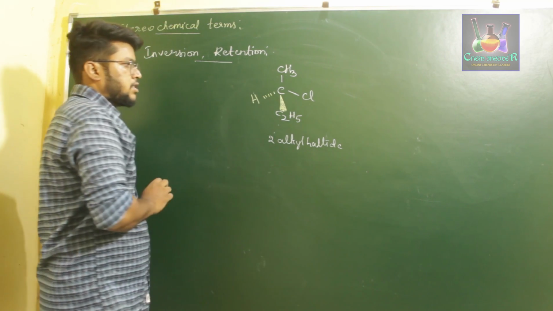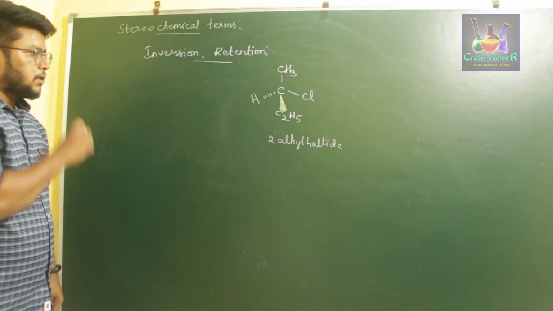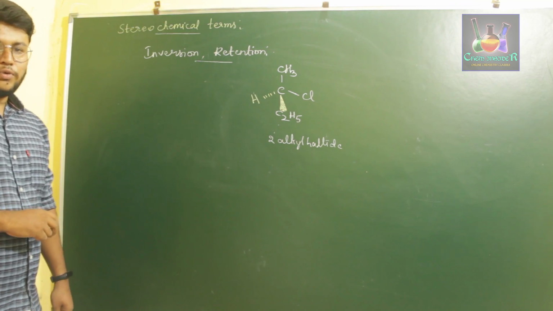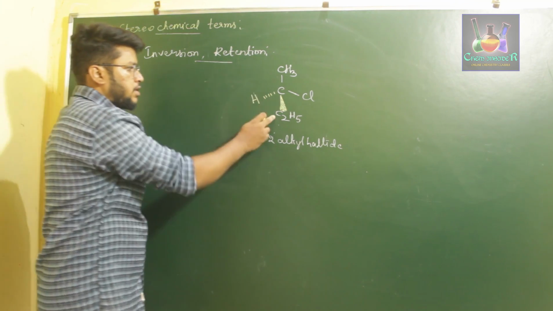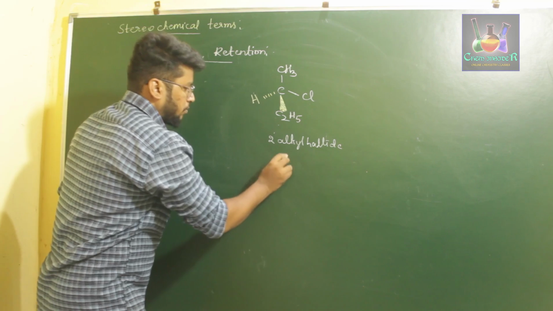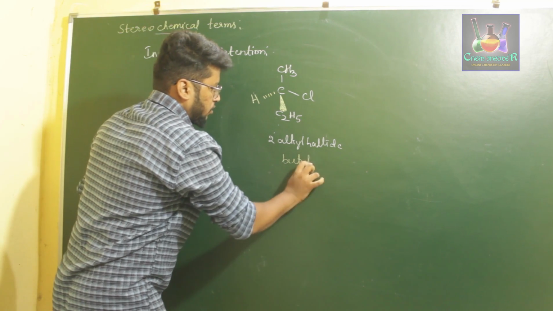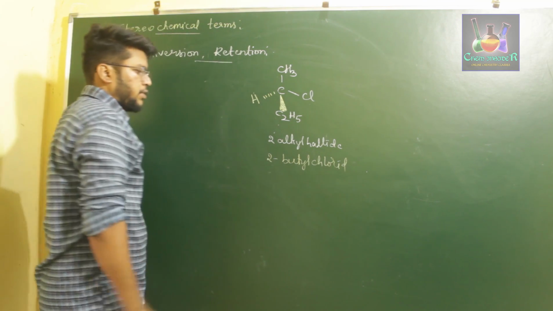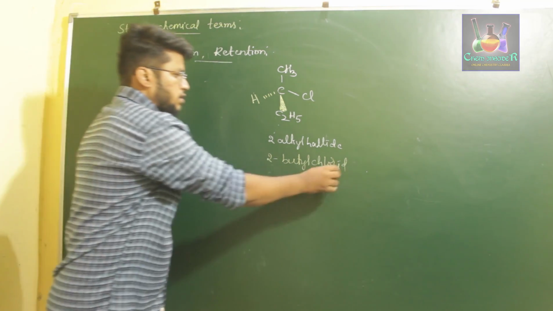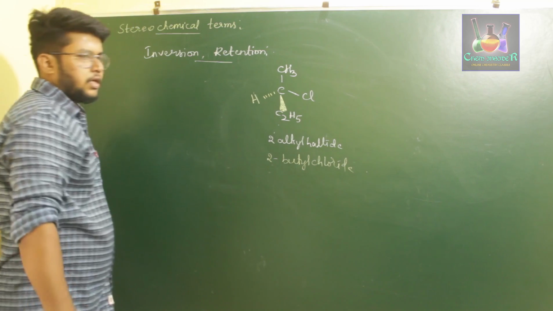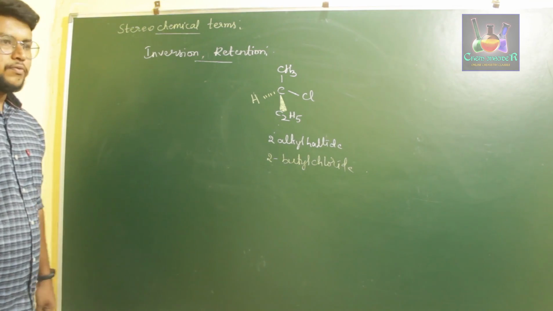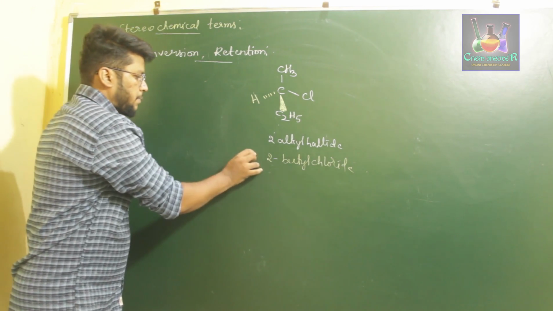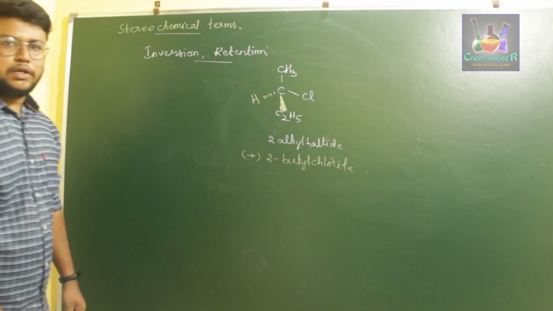Let us say this is our initial butyl chloride, 2-chlorobutane. This compound has 1, 2, 3, 4 carbons, so this is 2-chlorobutane or 2-butyl chloride. Let us say it has a plus configuration. It is a dextrorotatory compound.